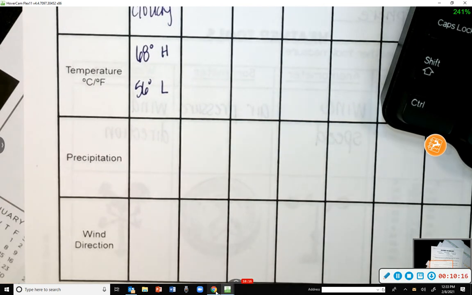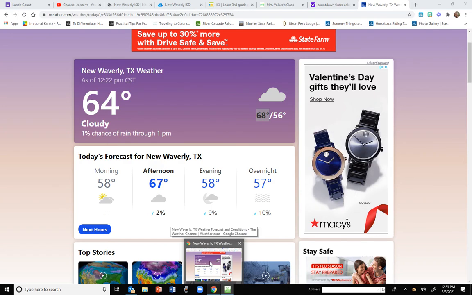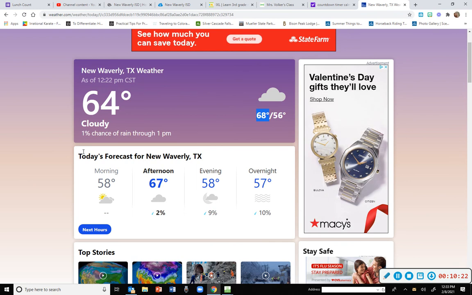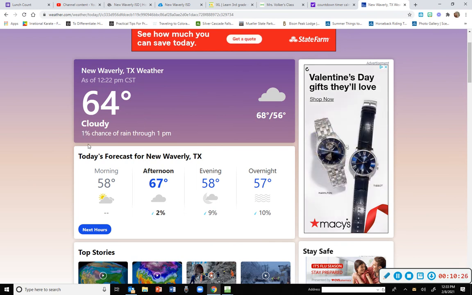That means the rain, sleet, snow, or hail. So usually they give you a percentage. This says 1% chance of rain through 1 p.m., but overnight we might get up to 10% chance.